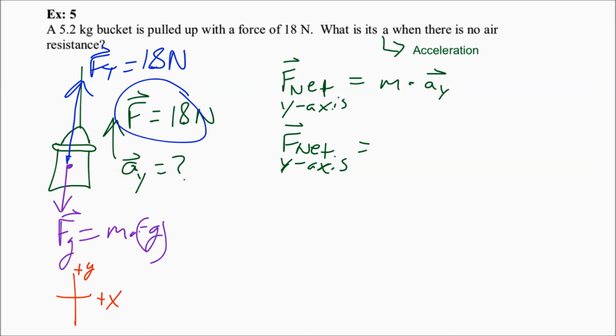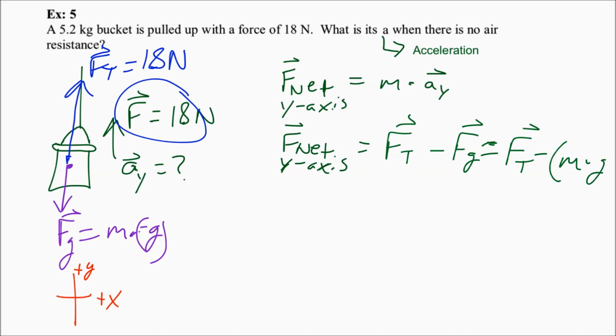Right? So we're going to say that we've got our force of tension minus the force of gravity. Okay? So that's going to translate into the force of tension minus mg.